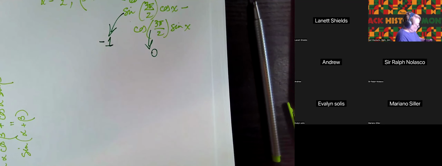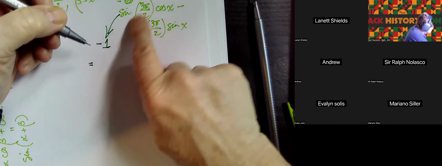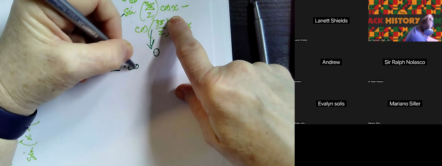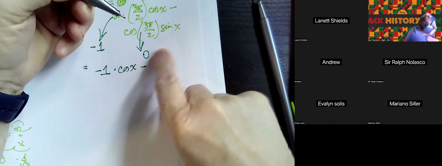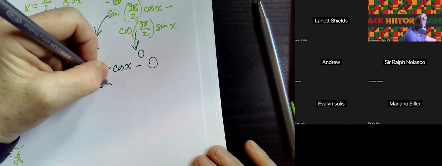Okay, that's kind of helpful. Let's see where we are. So we have -1 times the cosine of x minus 0. And can I just write that as negative cosine x?